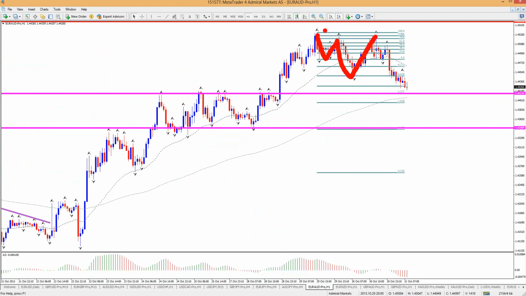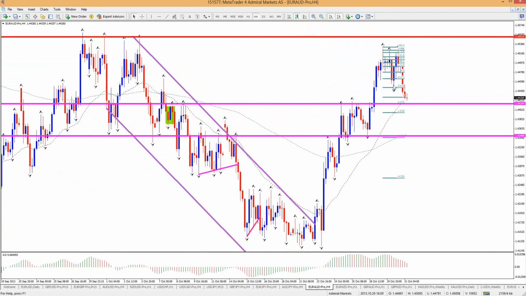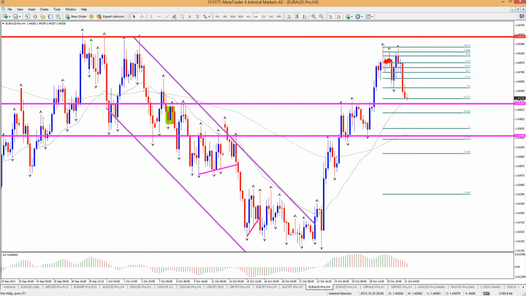Attempted to break again to the upside, but couldn't break this top or the resistance. And on the 4-hour chart, we would see that like that. Yeah. Deep pullback. So that minus 618 target is at 143.95. And from a 4-hour perspective, this itself could be a supply demand zone.